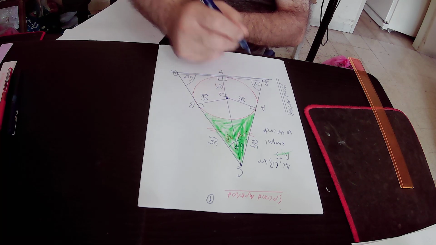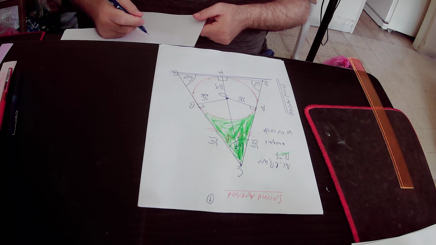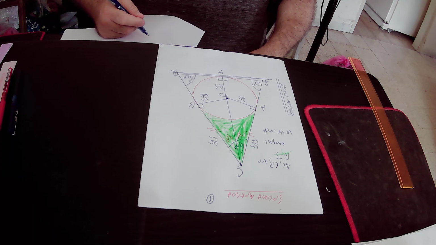So all the angles of triangle CPQ are equal to 60 degrees.